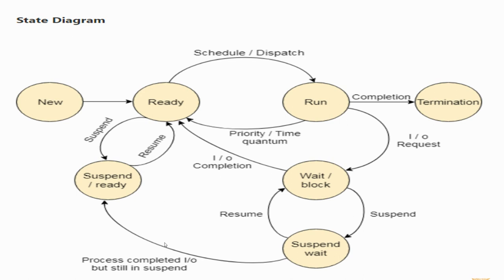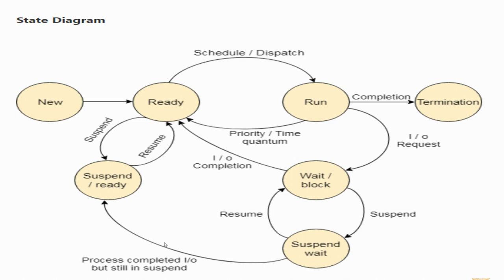Now, the process from the ready state to work with the CPU will be taken to the run state with the help of the short-term scheduler. Now, in the run state, the process selected by the short-term scheduler will start working with the CPU and execute its work.